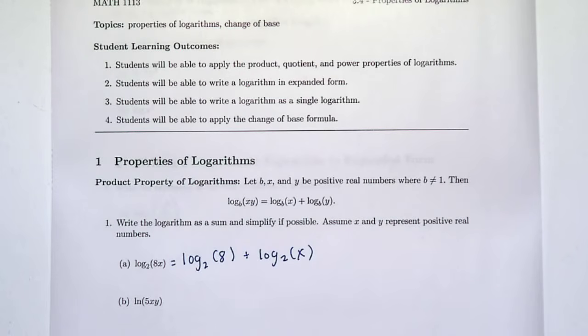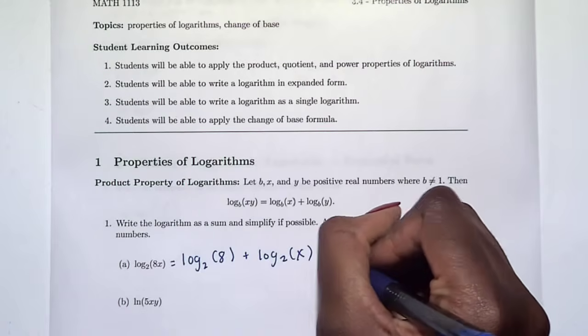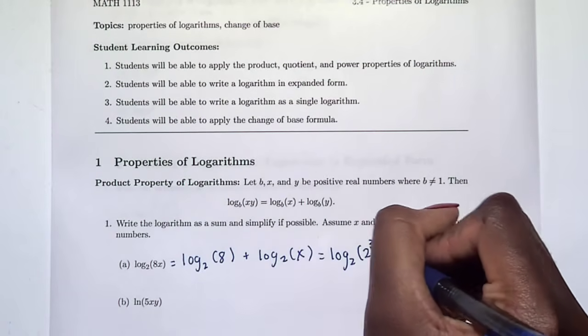All right, so this is perfectly fine as a final answer, but the instructions say we need to simplify if possible. So let's look right here, log base 2 of 8. Could we simplify that? I actually think we can. So remember, this is the base, and we've talked about these other properties where we can cancel out bases. All right, so could we rewrite 8 as 2 raised to a certain power? We definitely can. 8 is the same as 2 to the third power.